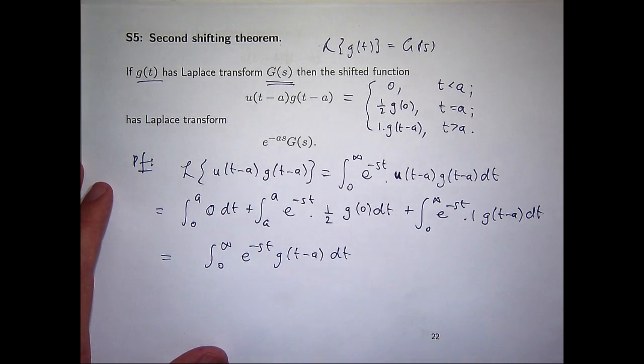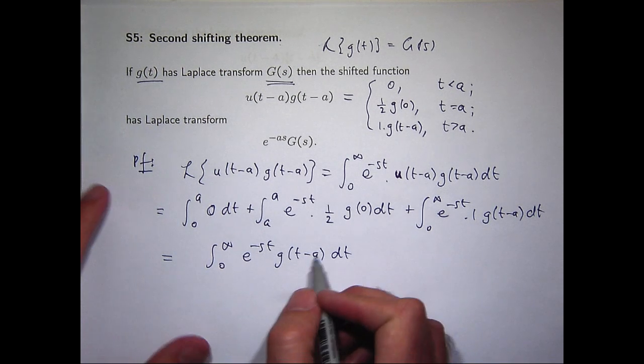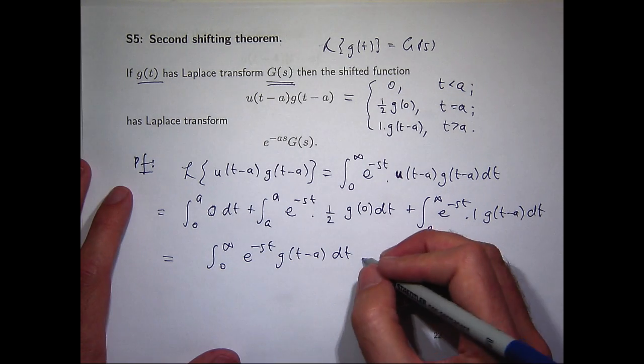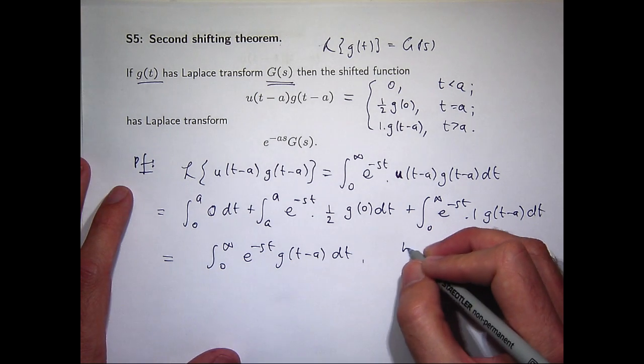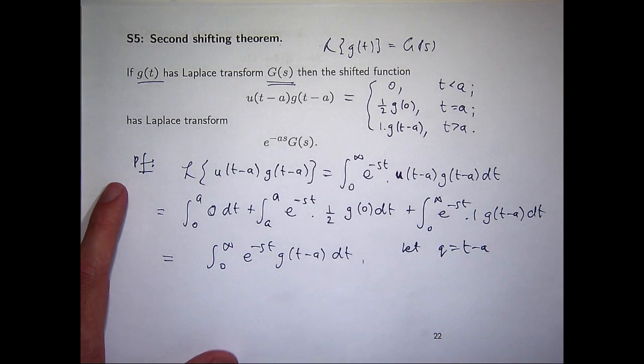So now what I can do is make a substitution. What I would like to do is get rid of that t minus a and form some other new variable. So let's just say, let q equal t minus a.